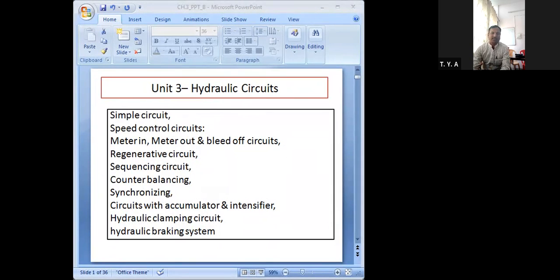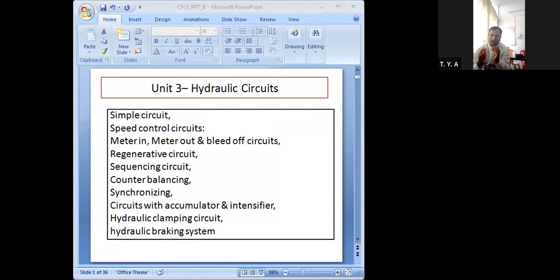Up till now we have discussed all the points related to the hydraulic system, and in detail each and every component. We have discussed the fundamentals and the system components or elements related to our hydraulic systems.